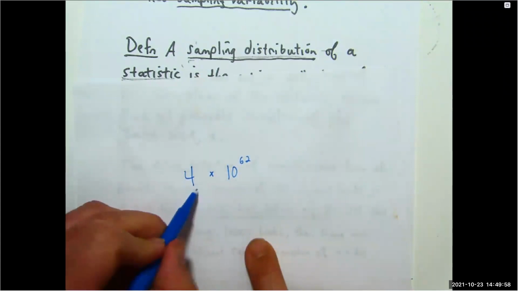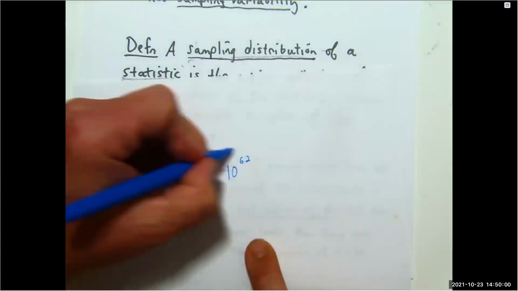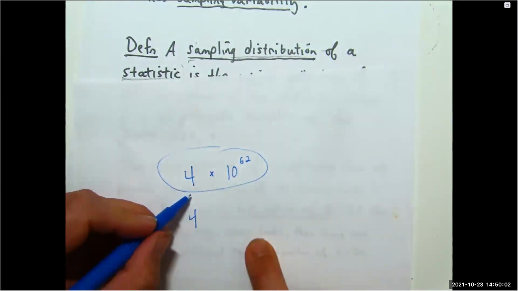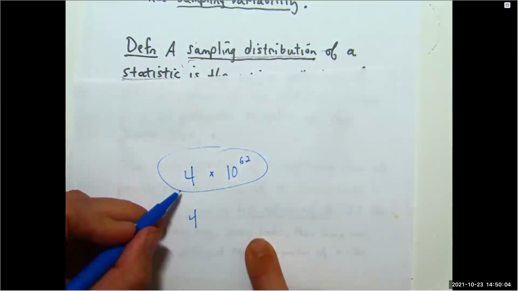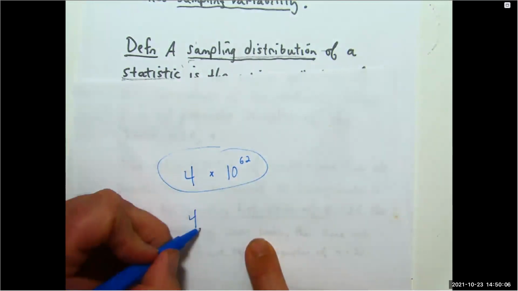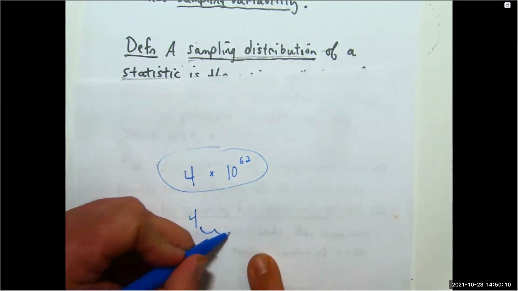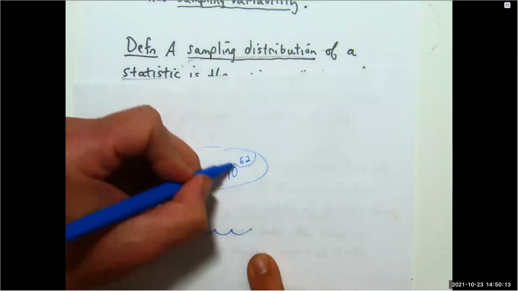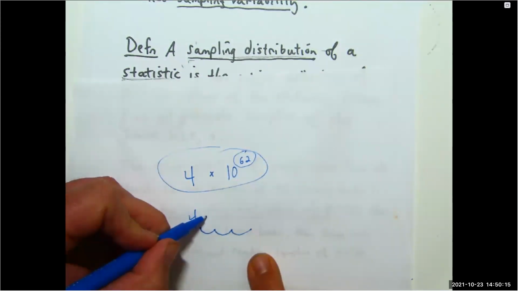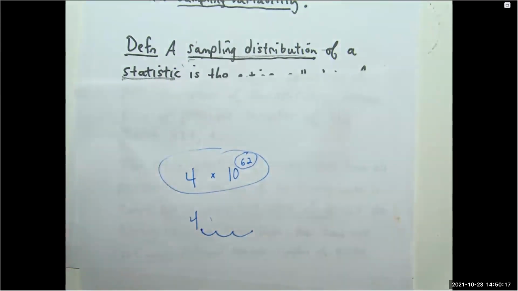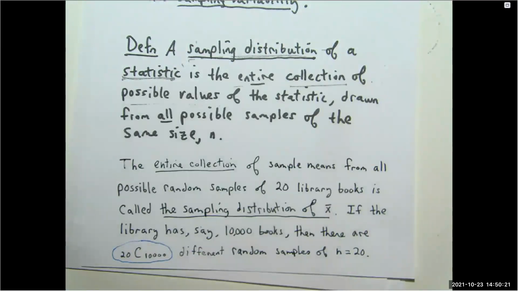So you can imagine how large this number is just by remembering how to convert this number in standard notation to a regular old number. You would have to move the decimal point on the 4. How many places would you have to move it over? Right, 62 times. And each time you move it over, you get a 0. So that is trillions of different samples of size 20 if the library has 10,000 books.